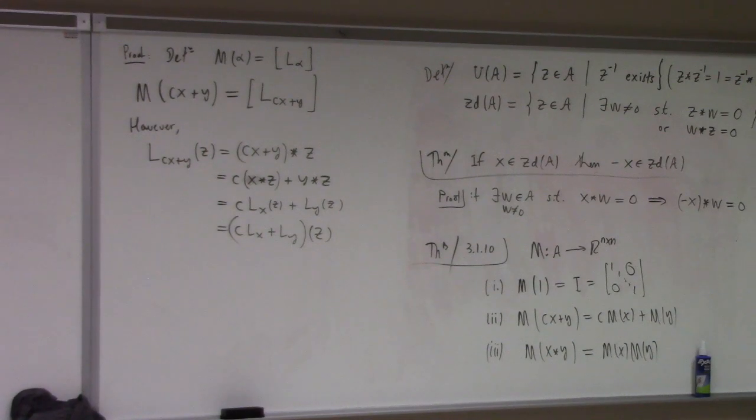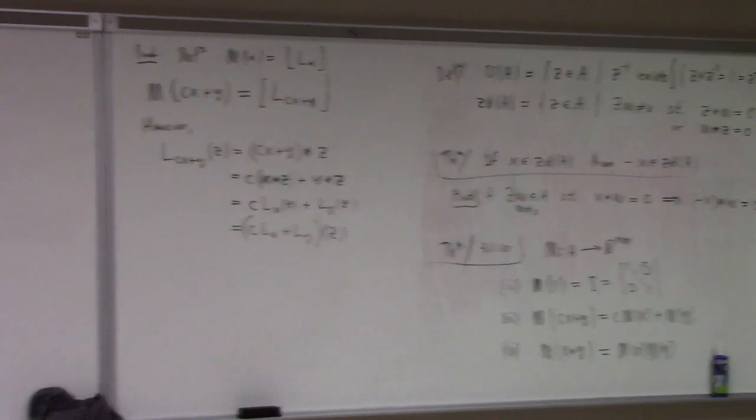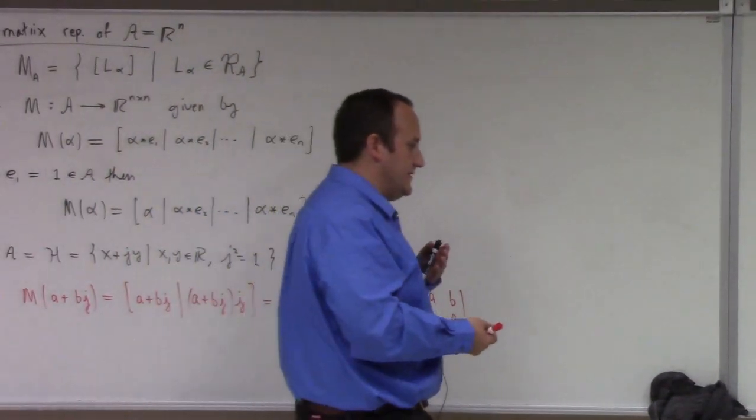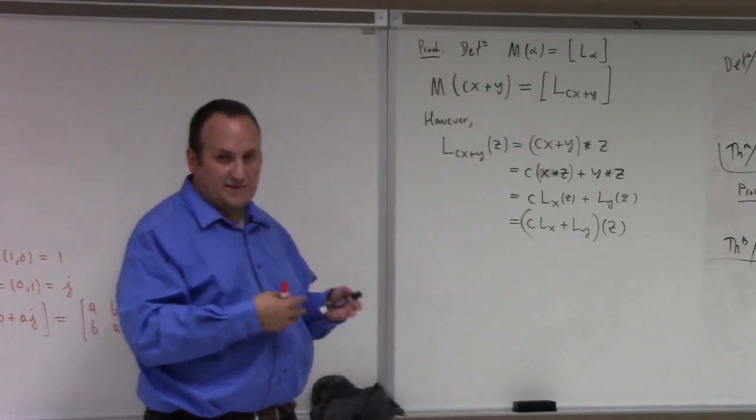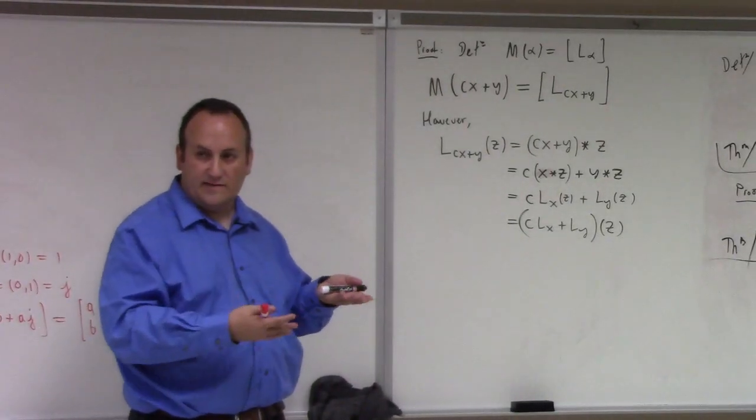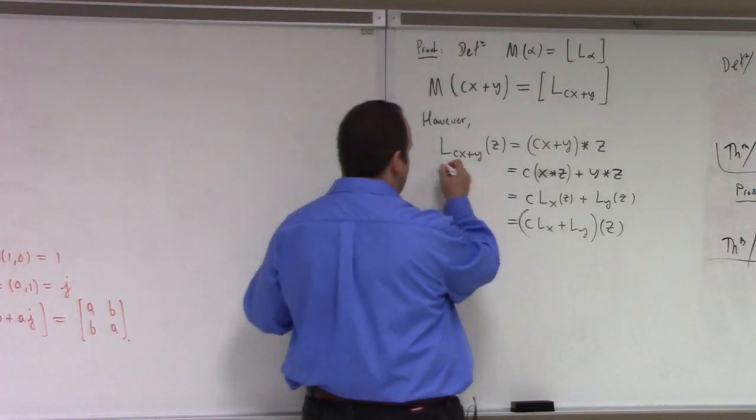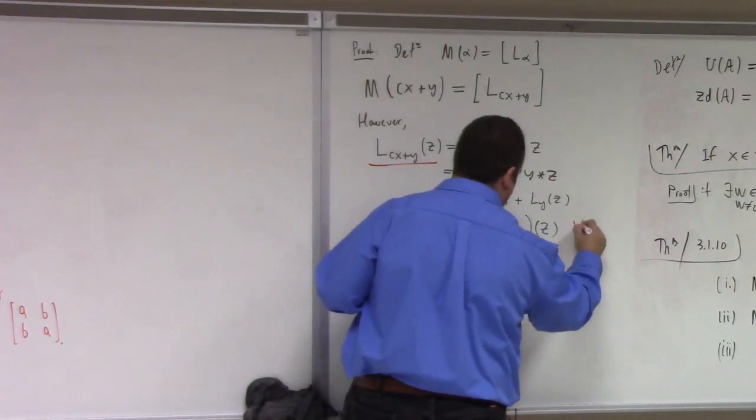So what I've just shown is that for any input, left multiplication by Cx plus y gives the same output as if I take the mapping C times Lx plus Ly and let that act on z. In other words, this equation is true for all z.